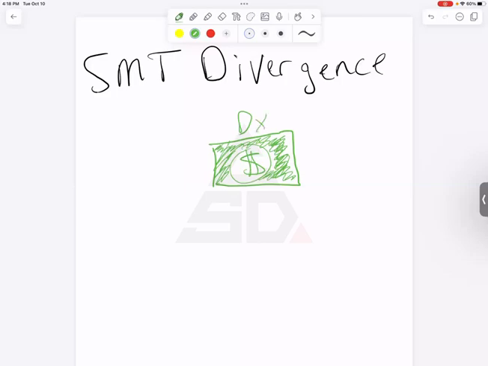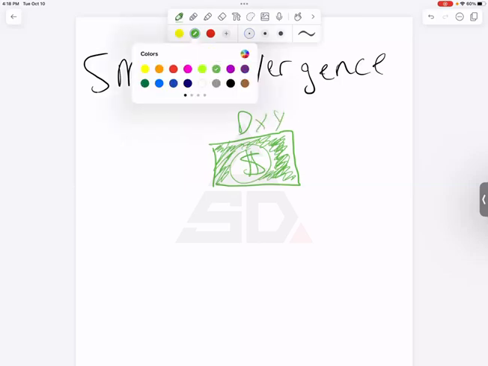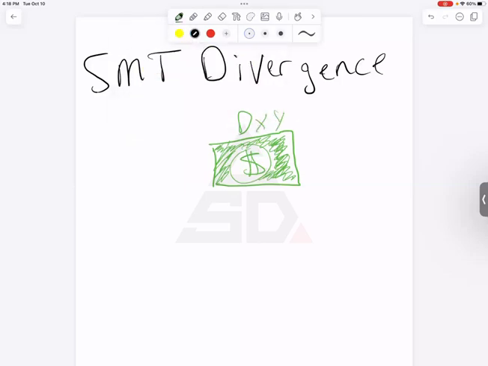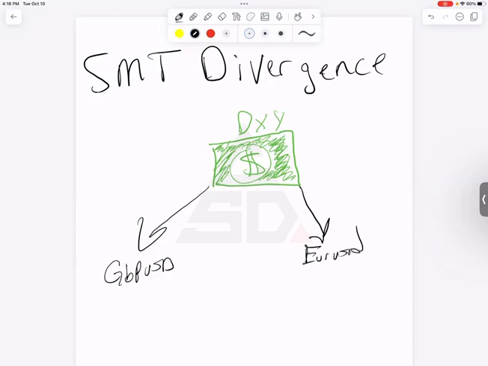So DXY essentially is the power mover for pairs like pound, euro, USD, and other foreign forex pairs.